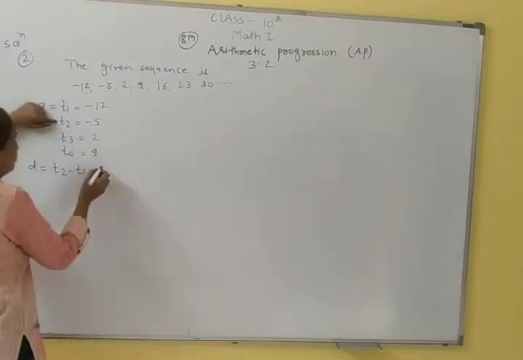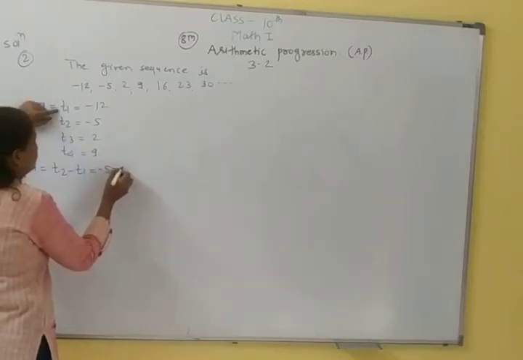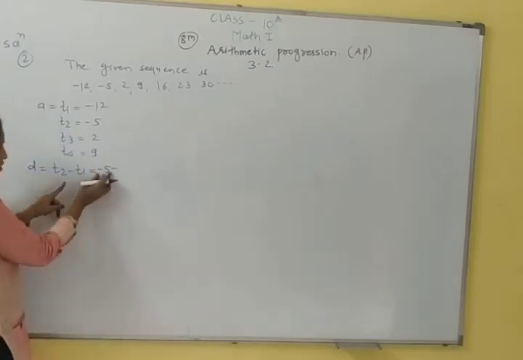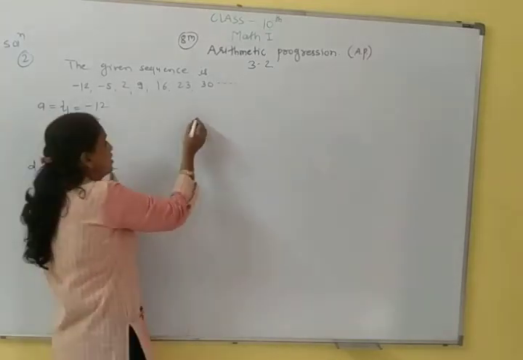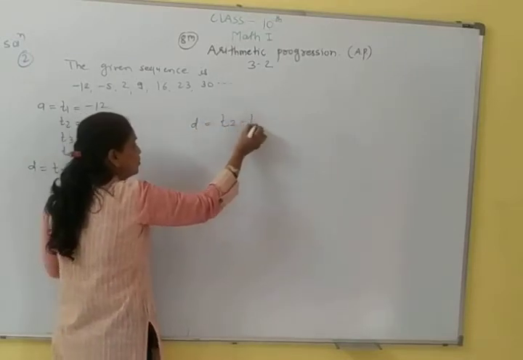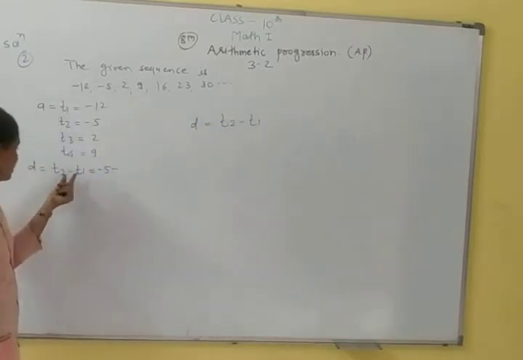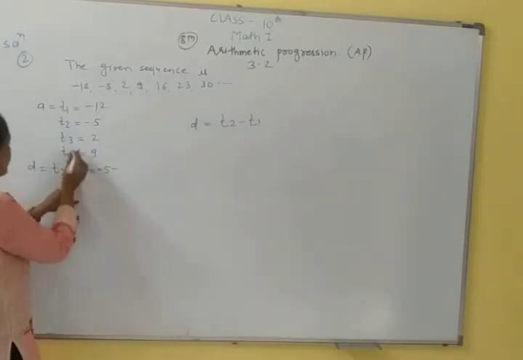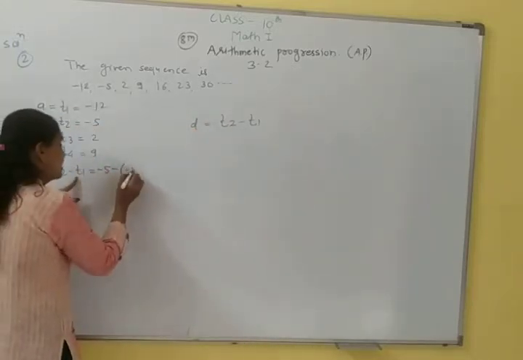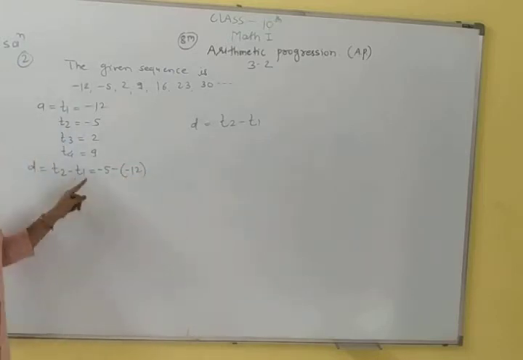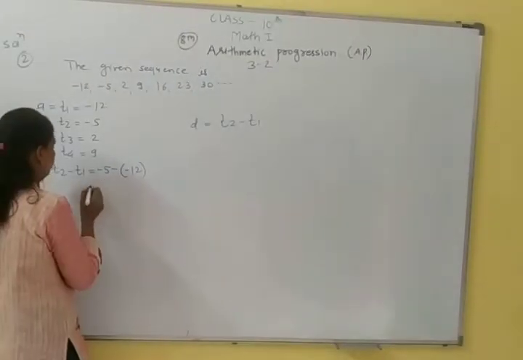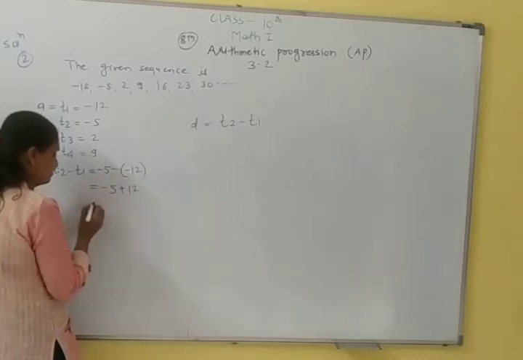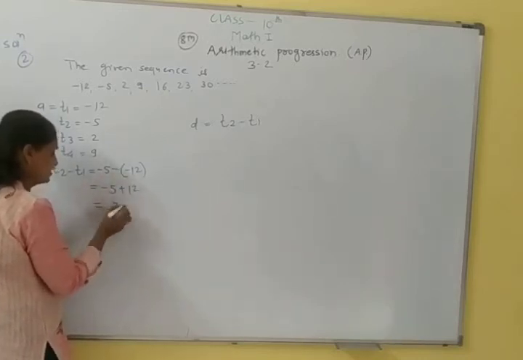So T2 is minus 5 minus T1, which is minus 12. Write minus 12 in brackets and solve this. Minus 5 minus into minus plus, minus 5 plus 12, which is 7.